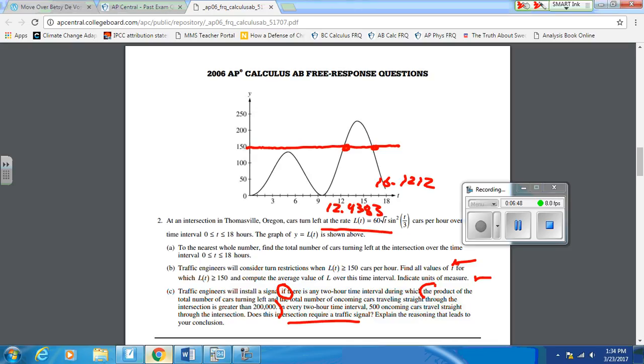Here's our problem. What does the word product mean? Anybody? It means the result of multiplication. So, what they're really saying is that left times straight has to be greater than or equal to 200,000.